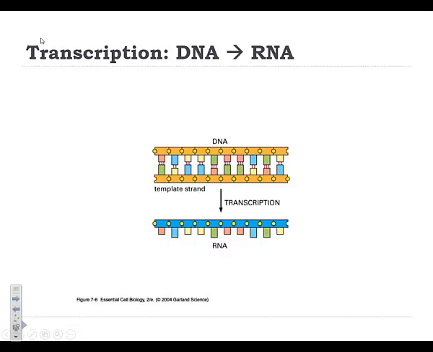So one thing to note about this transition of information from the DNA to the RNA is now you still have a nucleic acid molecule that the information is stored in, right? But what's the difference between the DNA and the RNA? Now you can notice right off the bat in this.